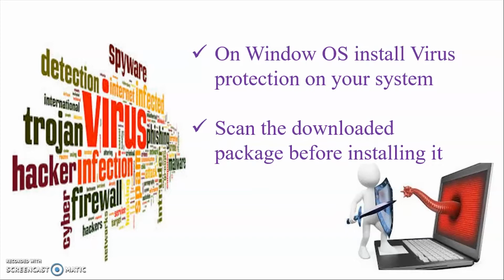Before installing it you have to scan the downloaded package. So the third step: you should install an antivirus software in your system, and after downloading the software from the internet you have to scan that particular package using the antivirus software. This is your third step.